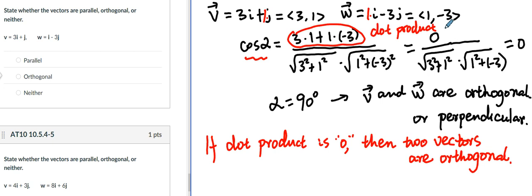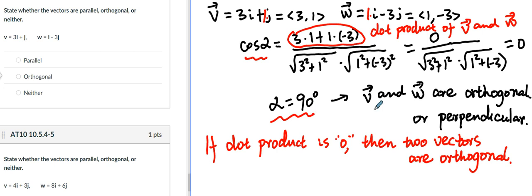Dot product of vector v and w. So if the dot product is 0, you get cosine alpha is 0. Cosine alpha is 0, so alpha has to be 90 degrees, because cosine 90 degrees is 0.